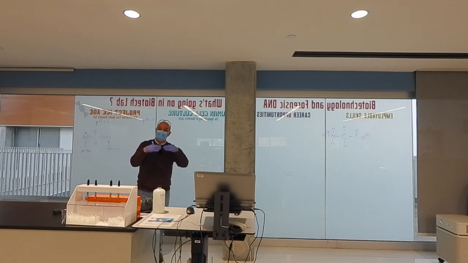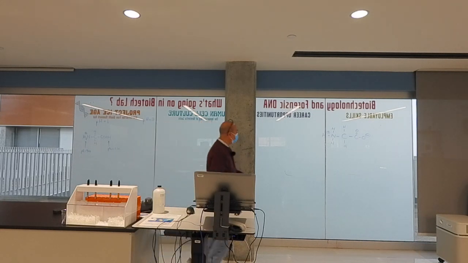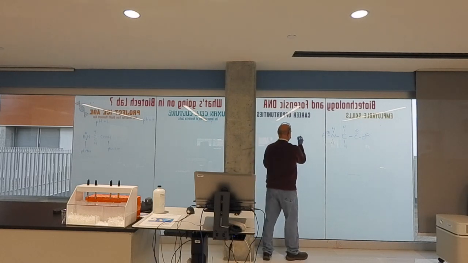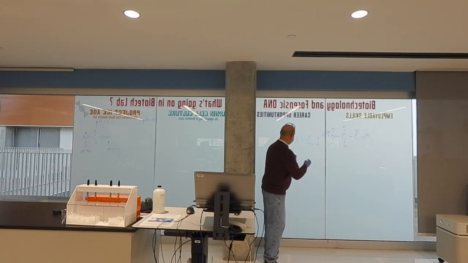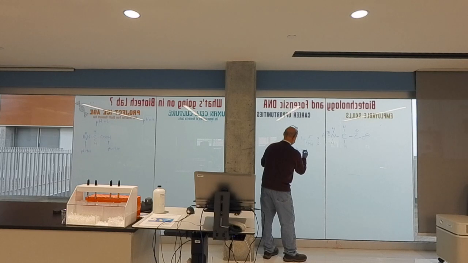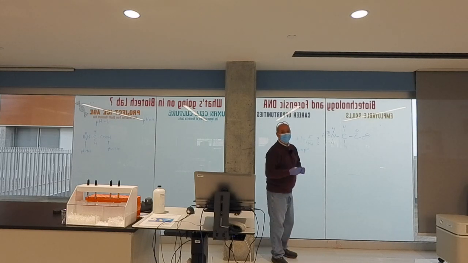You can prove that to yourselves using the Henderson-Hasselbalch equation. In the Henderson-Hasselbalch equation, you have plus log of A minus over HA. If these two values are the same, let's say 3 and 3, this becomes 1, log of 1 is 0. So pKa equals pH when these two values are the same.